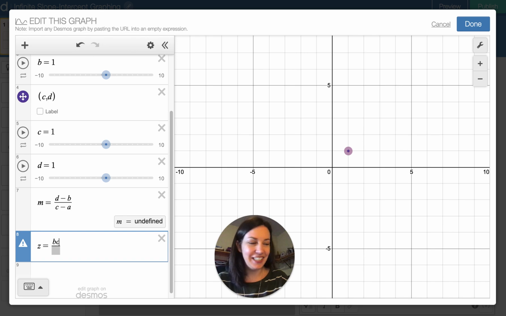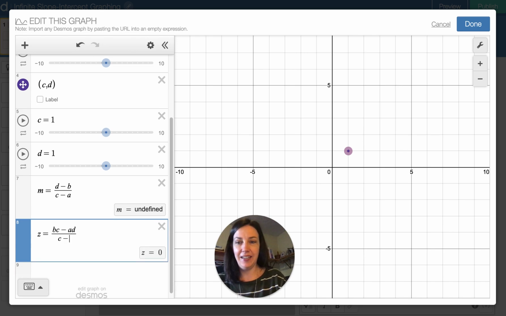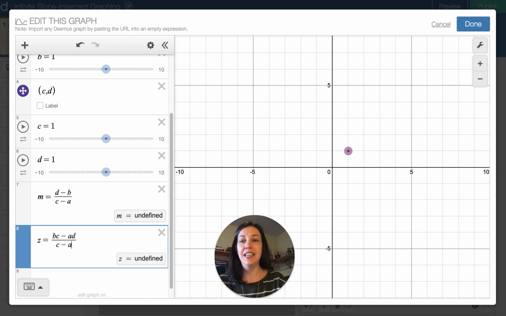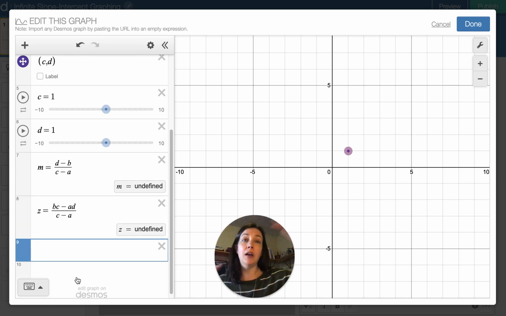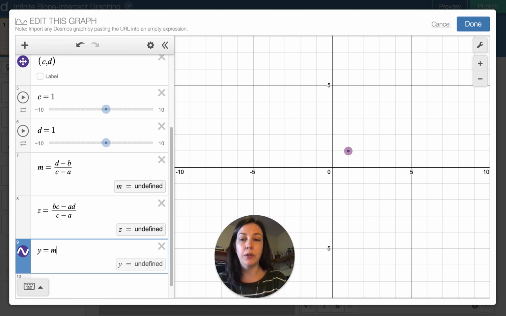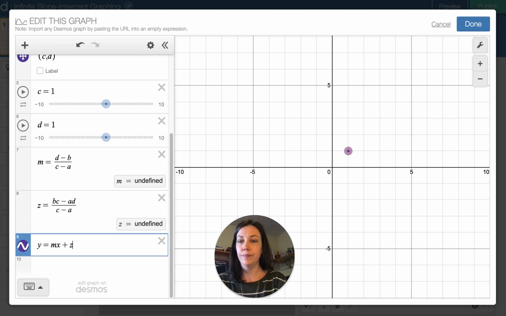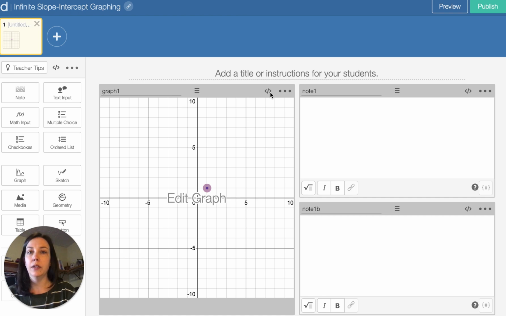So bc minus ad over c minus a. All right. So that would be the y-intercept of wherever they put those 2 points. And then I actually want a line going through those 2 points. So y equals mx plus z. Okay, so that's what I'm going to do in the edit graph part of the graph component.